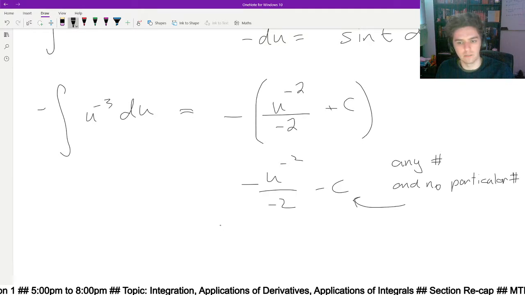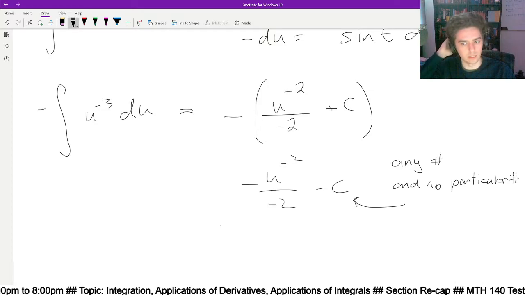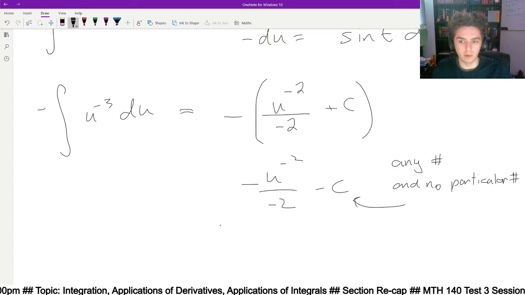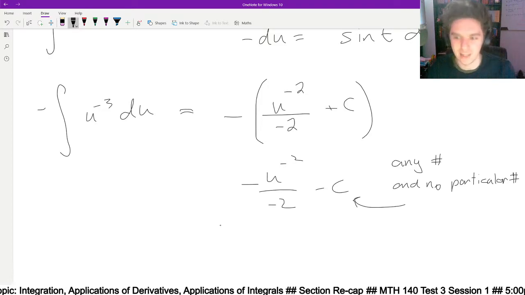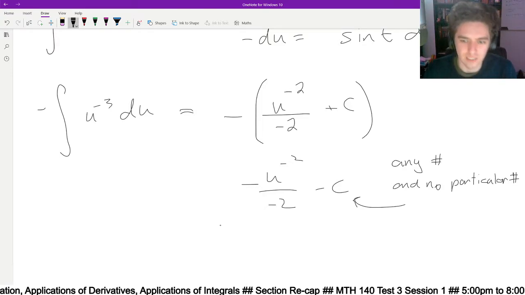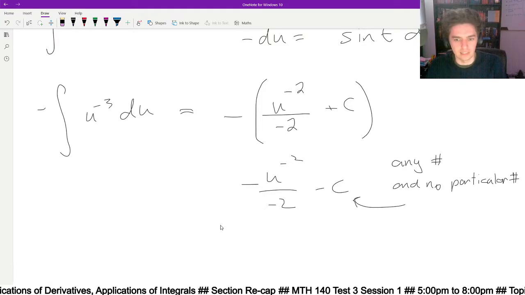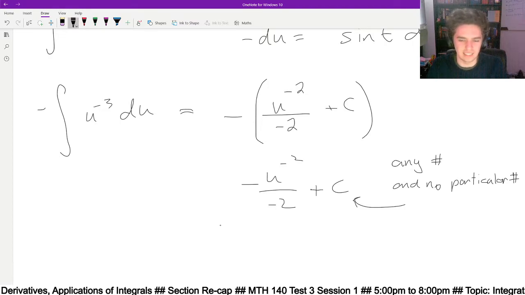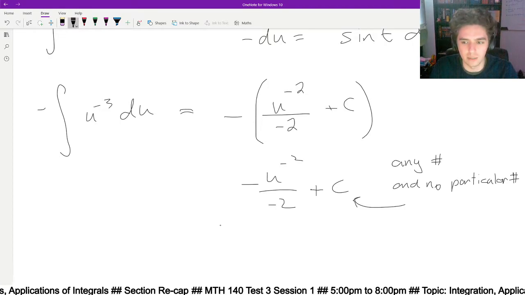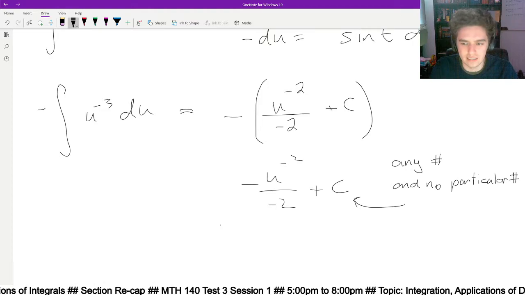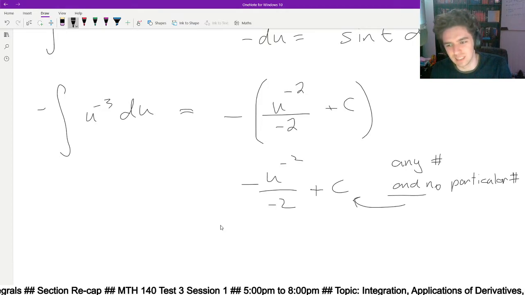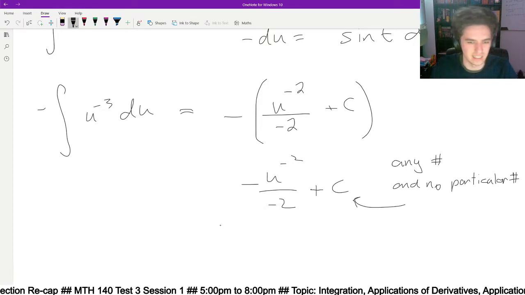So we don't need to keep track of what that number is. It's not like a variable that represents a particular number. It represents any number, and no particular number. So an arbitrary number, basically. It doesn't at all matter what that number is. So that's why I say it like this. This is what made sense to me, saying "and no particular number," because it doesn't matter.